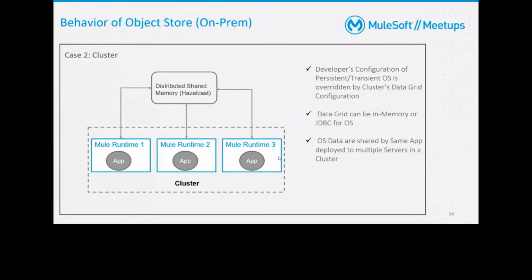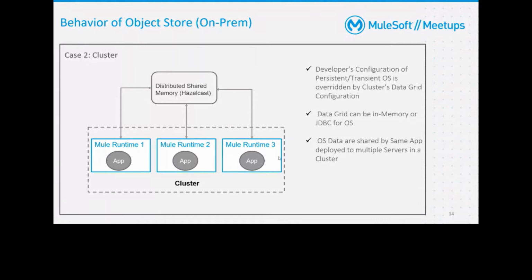Another thing here is that whatever we configure in the runtime is overridden by the cluster data grid configuration. While we configure a cluster, whatever configuration we give, if it is in memory or persistent, that configuration is taken at the end, not the individual app configuration.